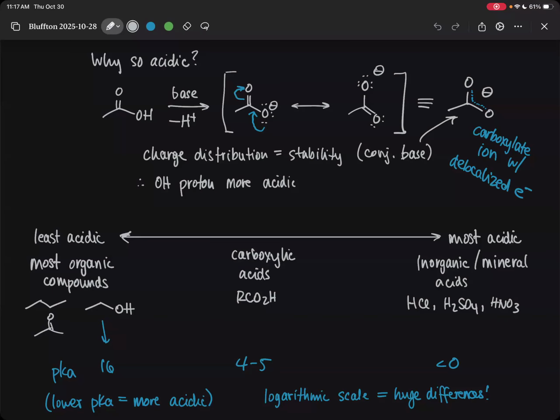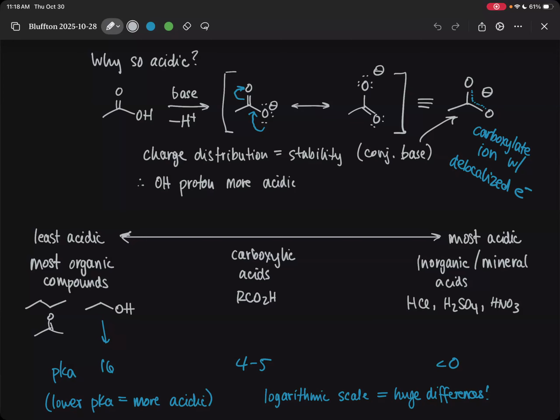That's because when we deprotonate a carboxylic acid with a base, we get an anion that has a resonance structure like that. If you combine them, like the one on the right, we get a resonance stabilized, delocalized ion, the carboxylate ion. And so that's fairly stable. So carboxylic acids are acidic.